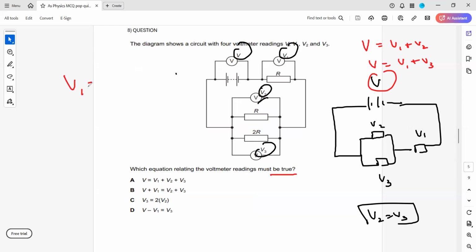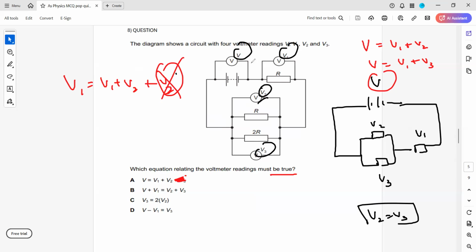If I say V is equal to V1 plus V2 plus V3, that is wrong. It cannot include V3 as well because V2 and V3 have the same values. And according to Kirchhoff's second law, the total EMF must be equal to the total potential drop in a loop.